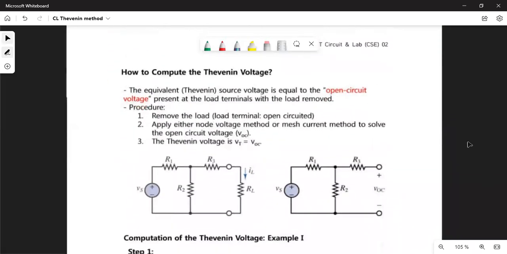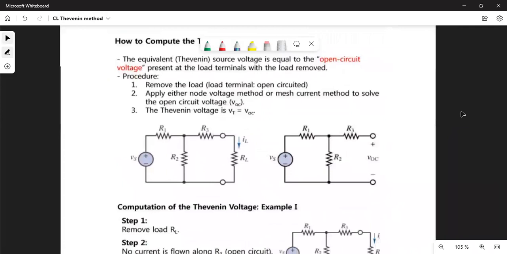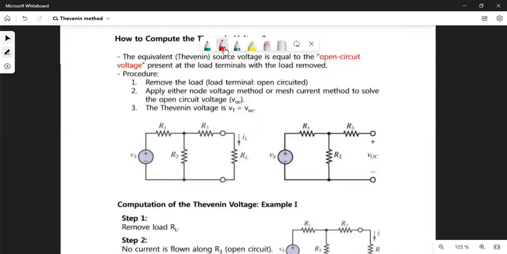So how to compute Thevenin voltage? For example, we have two terminals here, or just two points, and we want to find the Thevenin equivalence between these two points. How will we do it? First of all, we assume there is no load, and we create this kind of open circuit.